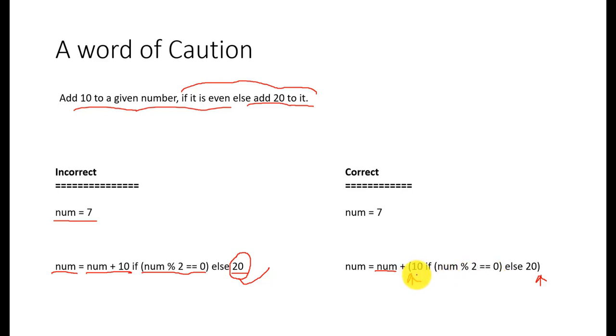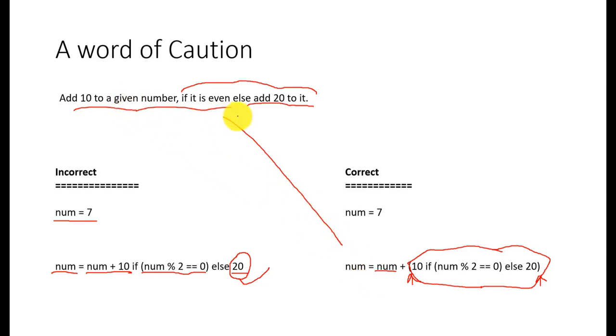And this expression is that 10, if the original value of num is even, then this expression value is 10, otherwise 20. And whatever comes out of this complete expression, that will get added to num.